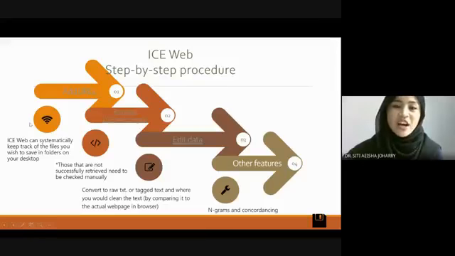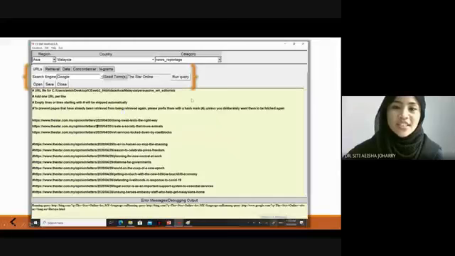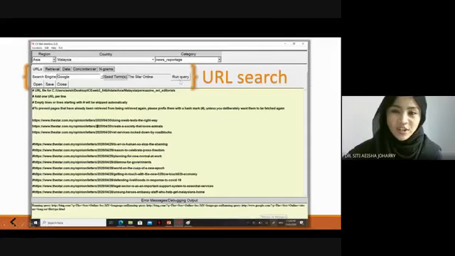So the next thing, after you have the URLs and you want to retrieve them, this is where you would use the URL search. Earlier, I was looking for the Star Online, and then I clicked on Run Query. However, like I said, if the run query doesn't really give you the actual website that you wanted, then no problem there. All you need to do is just find the URLs that you want, and you list them down the way I did here.